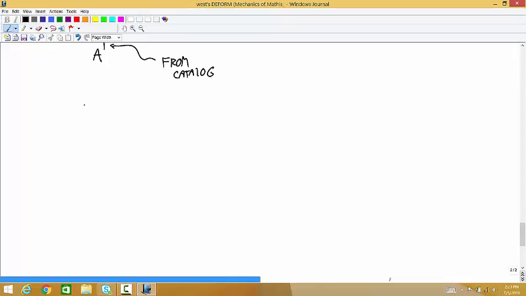One thing that we're going to see a lot of is square matrices. And a square matrix, that's a pretty descriptive term. It just means you have the same number of rows as columns.